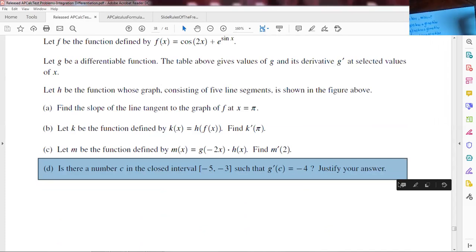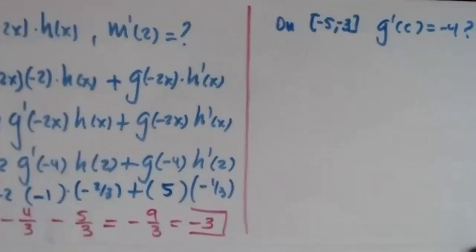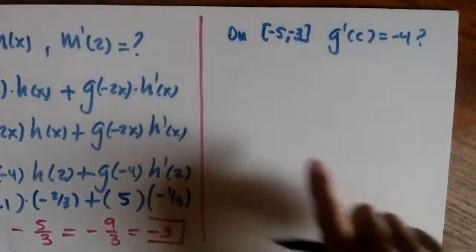Let me just try to fit right here in this portion. So on negative 5, negative 3, this is g prime of c equals negative 4. Let me just put right here. Yeah, this one. This is what we have to show now.